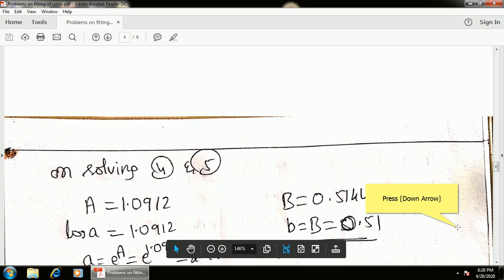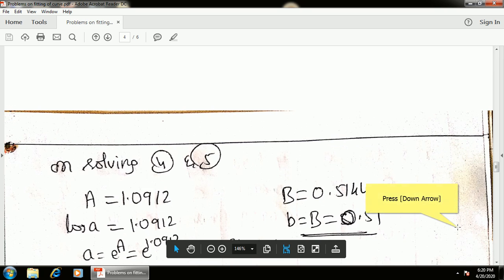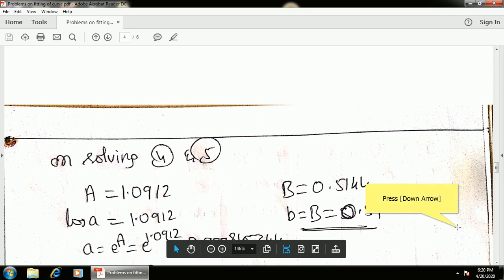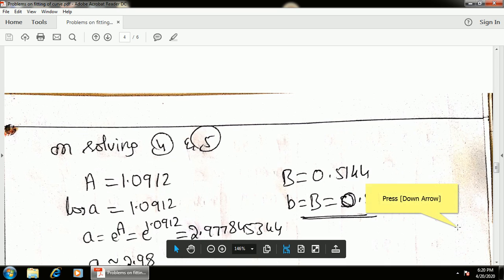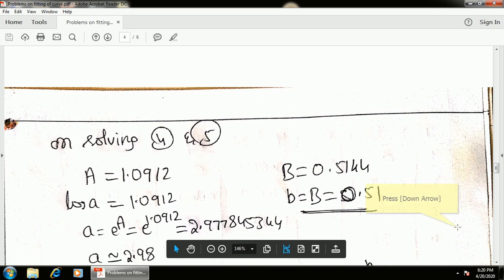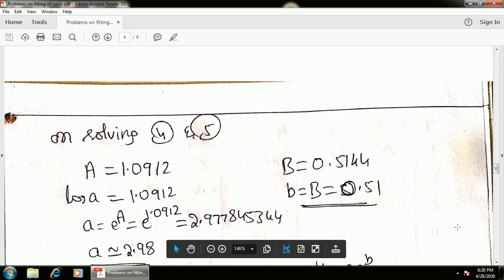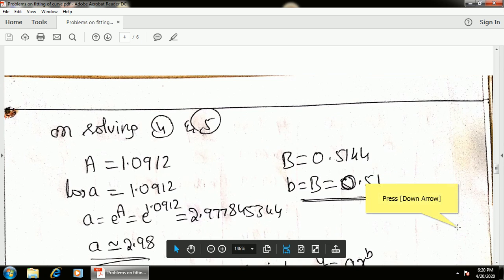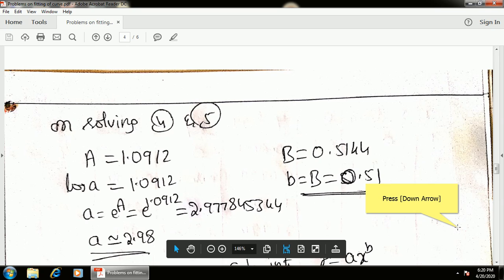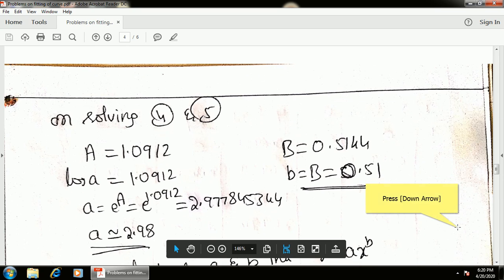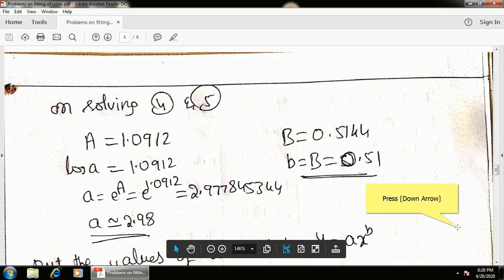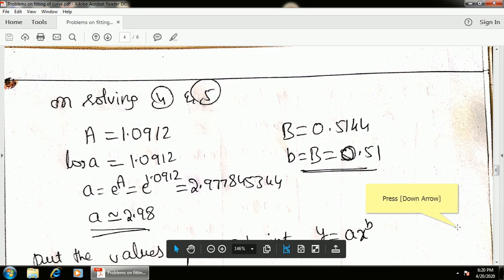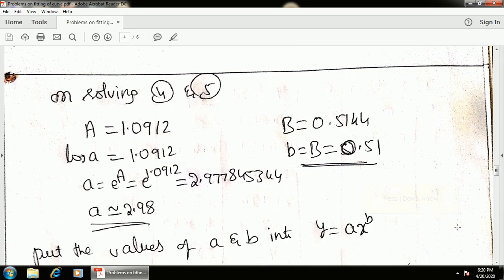But we required the small a and small b values.